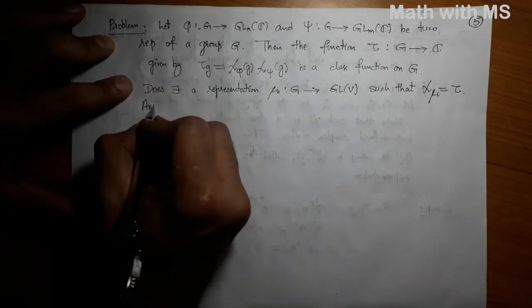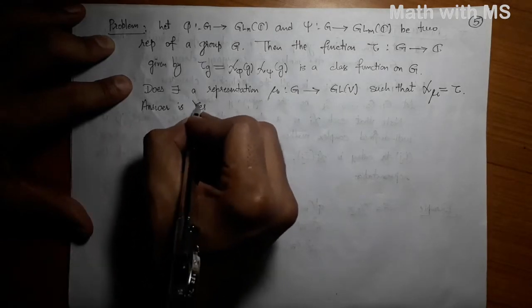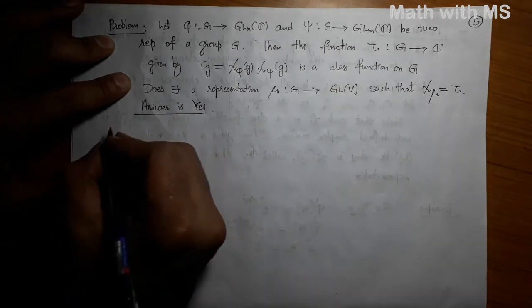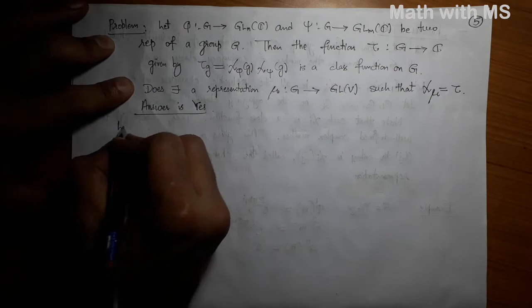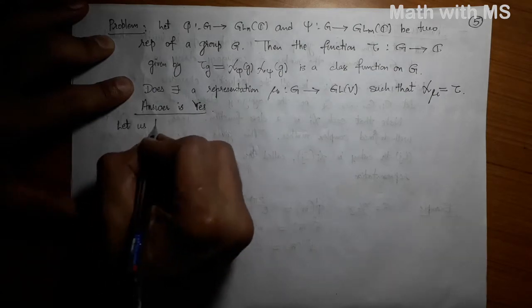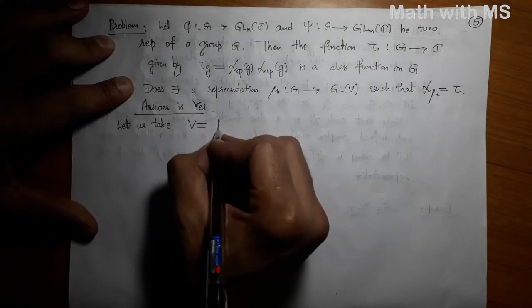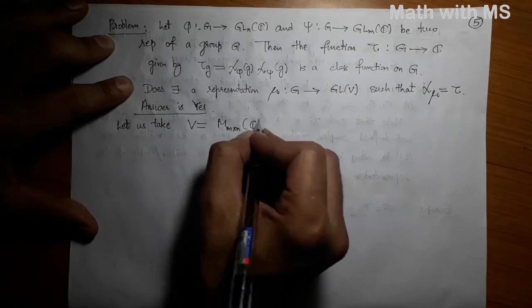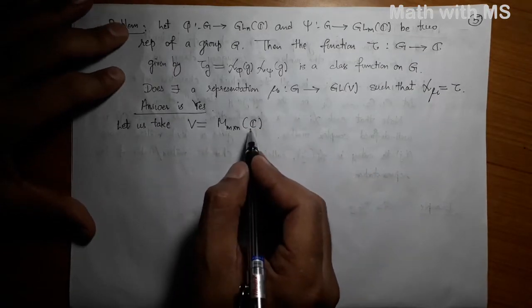So let us construct such a representation space. Let us take V to be M_{m by n}(C), the vector space of all m by n complex matrices over C.